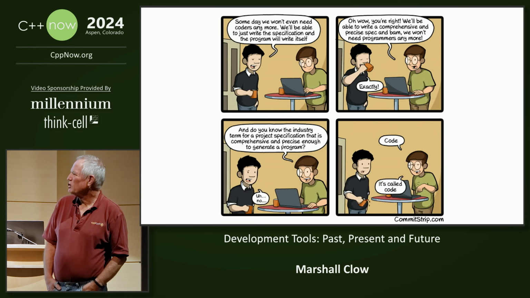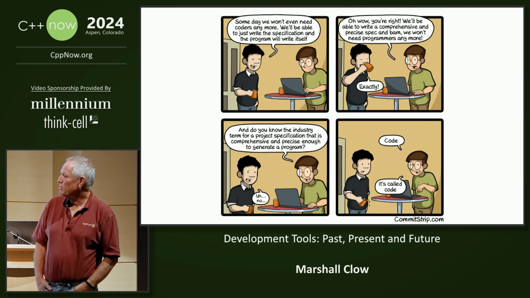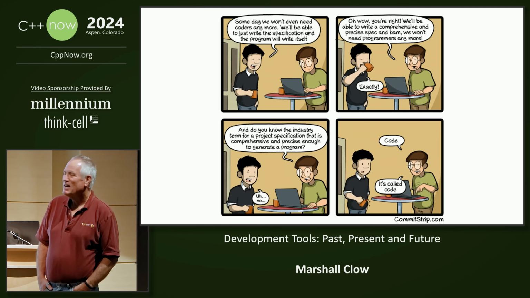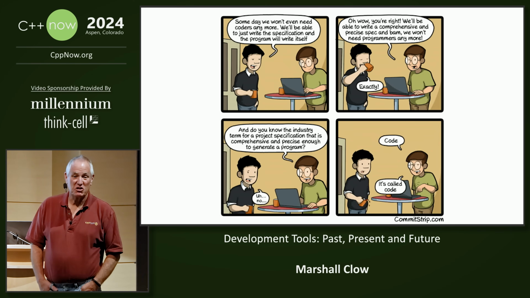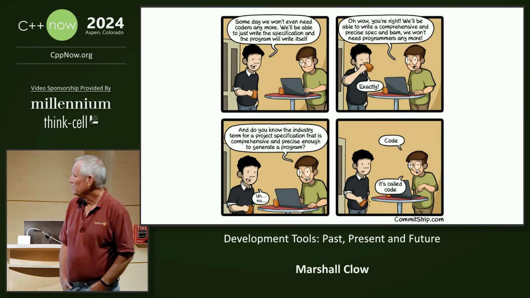You know what the industry term for a product specification that is comprehensive and concise enough to generate a program? It's called code. That's starting to be not the case anymore. Just starting. And we'll be down that road.